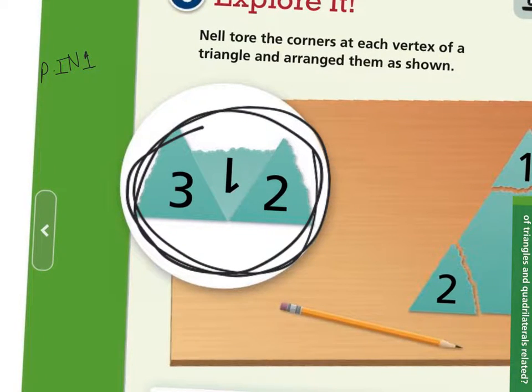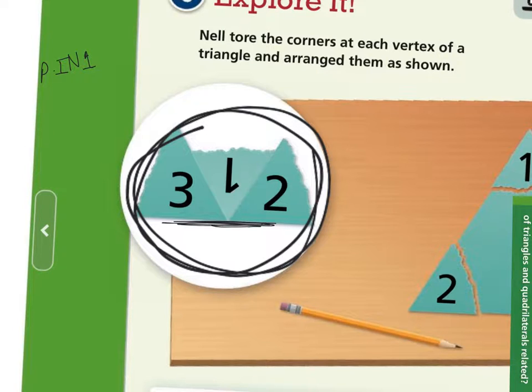So let's see if we can make an observation about what's happening here. Something we might observe is when we put these together, they fit right next to each other. And if you look, they actually are forming a straight line with these angles.